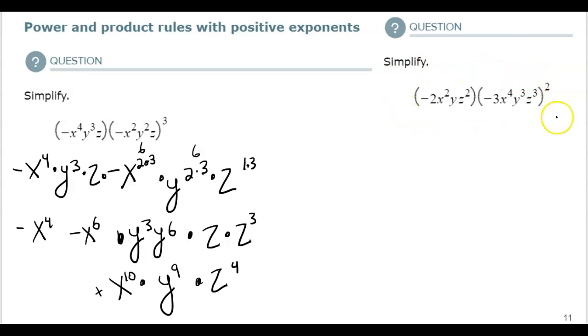Go ahead, pause the screen, try this one on your own. We'll go through it in a second. So you're going to want to distribute that negative, or that 2 to each part.